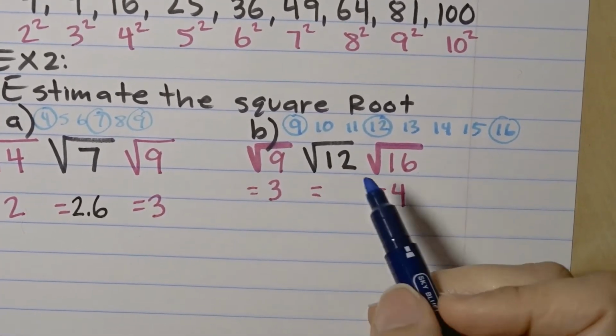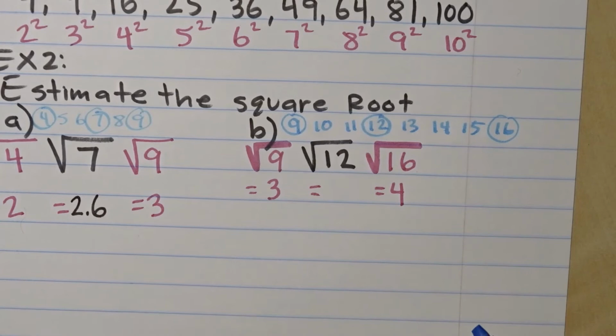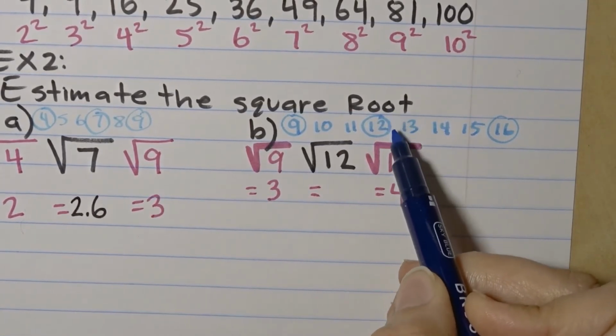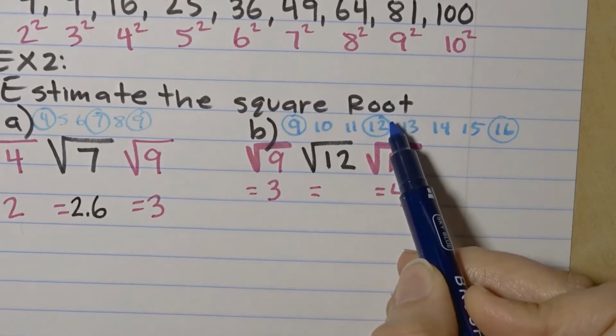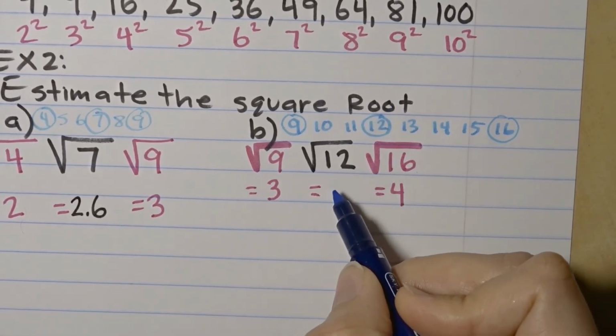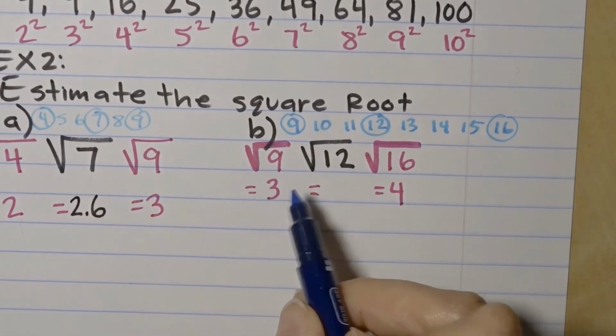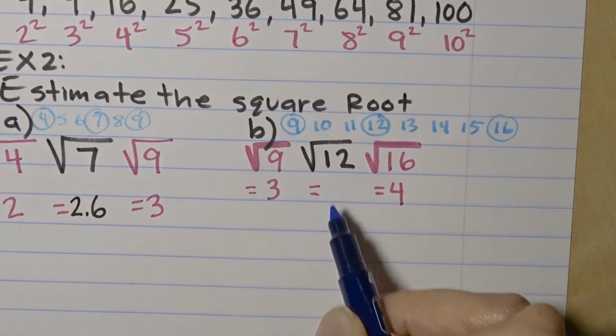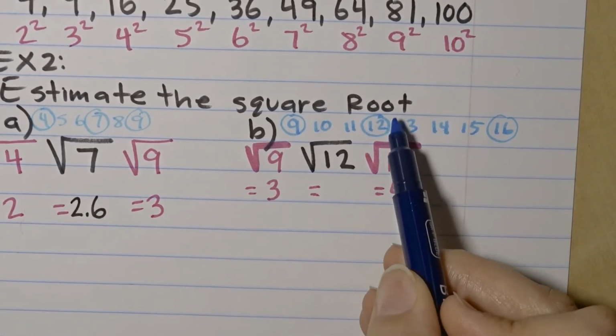Is 12 right in between 9 and 16? 12.5, right? 12.5 would have been right in the middle. So that's what 3.5 would have been, perfectly between 3 and 4, if I had 12.5 right here.